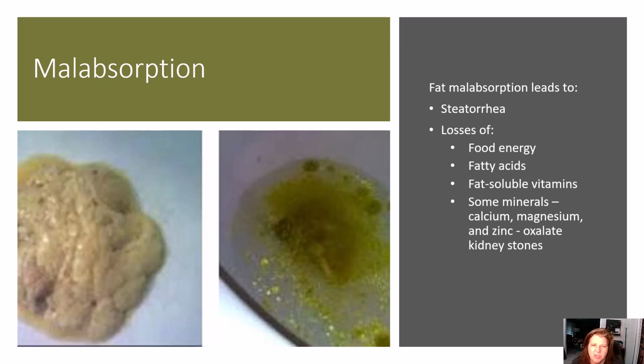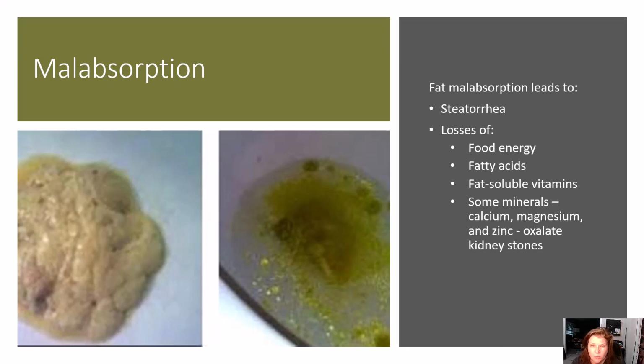So you see a couple pictures here. These are two different forms of the malabsorption syndrome that we would see with fat malabsorption. We call this type of symptom that you see in front of you steatorrhea. And steatorrhea is a foul-smelling, like nothing you've smelled before, diarrhea with pieces of fat.